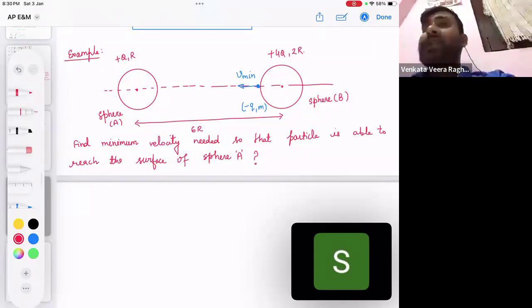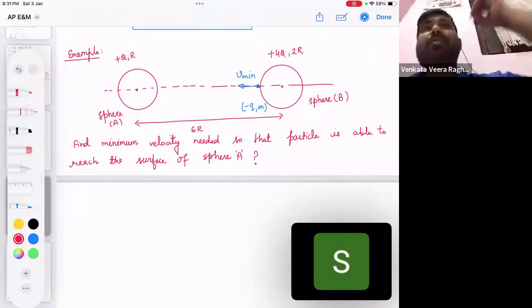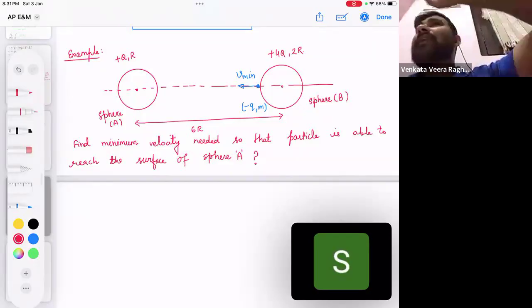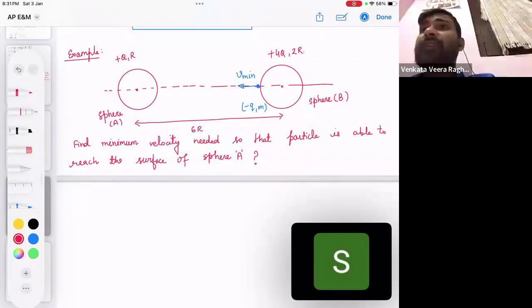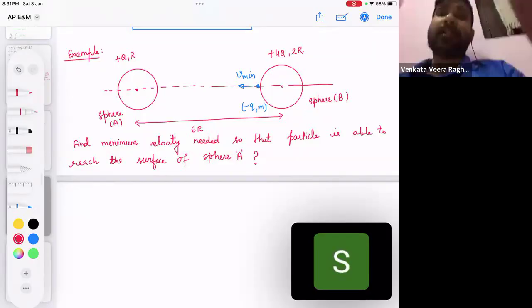It is just like a situation between two planets. If you want to send one object from one planet to another planet in a straight line, then you need to give it some minimum velocity.